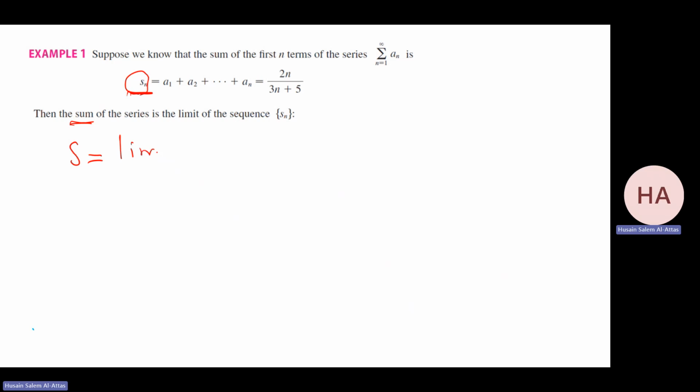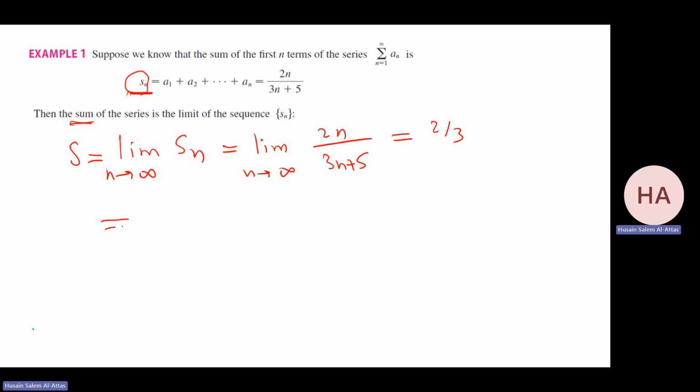So that will be the limit of Sn as n goes to infinity. I need to do the limit. That will be 2n over 3n plus 5. This limit is very clear. They have the same degree, and since I'm doing the limit as n goes to infinity, it will be 2 over 3.